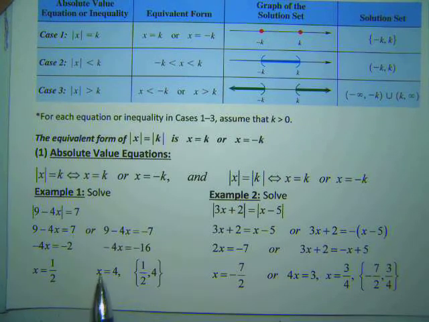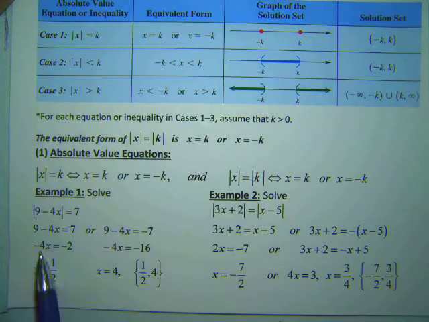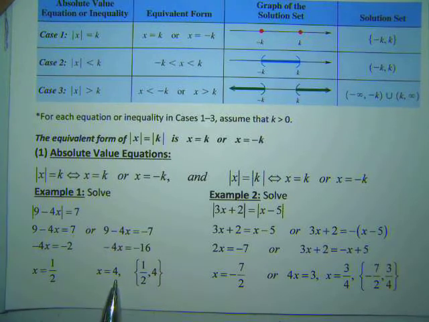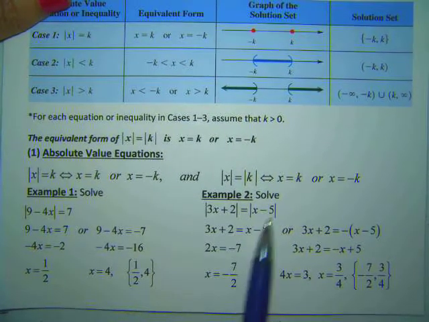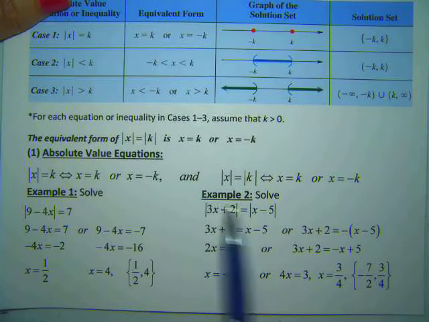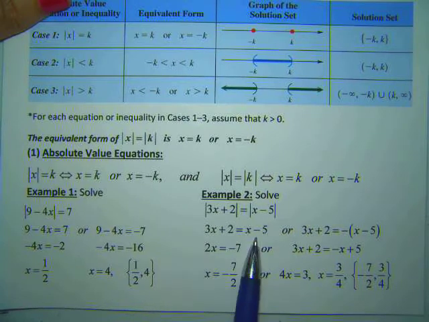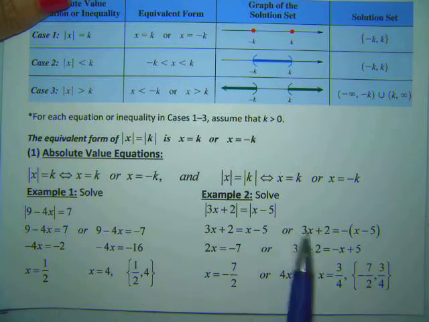Most of these are always going to be nice, easy linear equations that you need to solve. Solve this linear equation and you get x is 1/2 and x is 1/4. So 2 values. Same thing if you had absolute value on both sides: one time what's inside equals the positive of the right-hand side, and one time what's inside equals the opposite of the right-hand side.